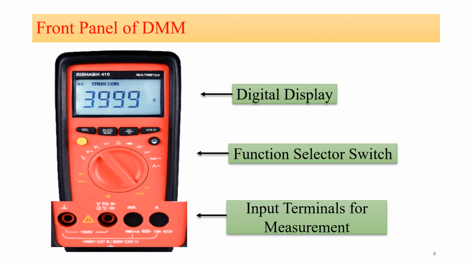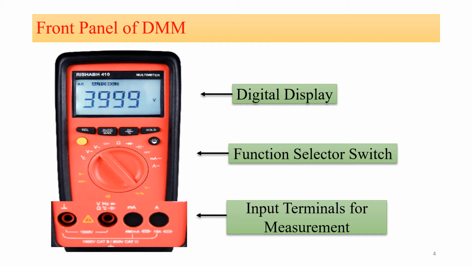For digital multimeter there are basically two probes, that is red probe and black probe. The red probe is our positive probe and the black probe is our negative probe, and the connections of the probes to the input terminals of the digital multimeter are very important. Your black probe or negative probe must always be connected to the ground, while the connection of your red probe depends on which parameter you are going to measure.